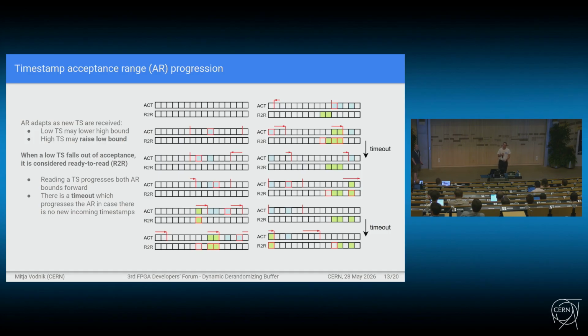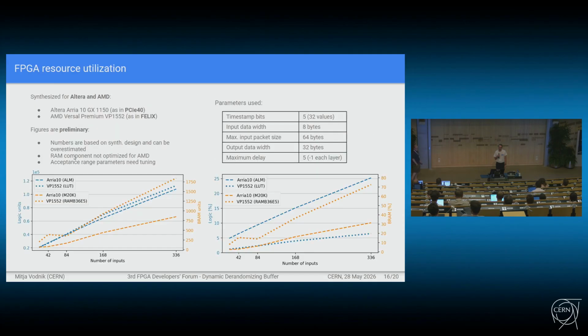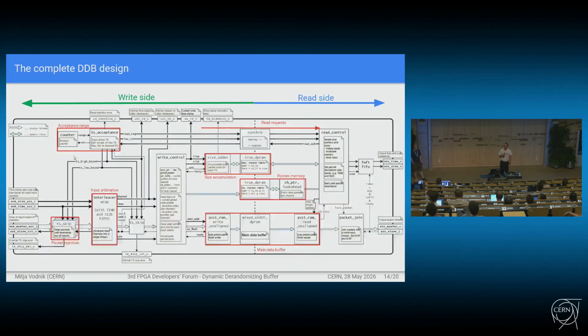Question 2 and 3. Do you have a resource estimation on the Felix card for LPGBT plus Aurora decoder? My question is, do you have enough resources to implement these in the Felix? Yes.